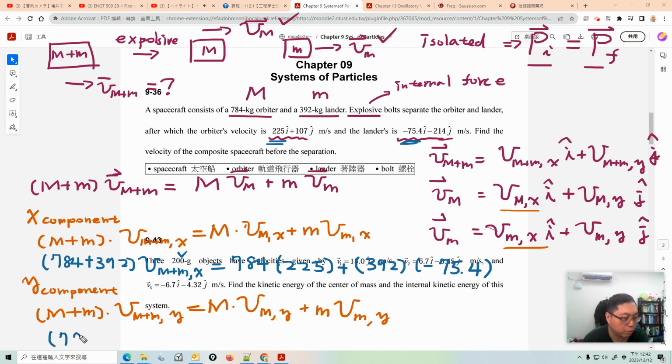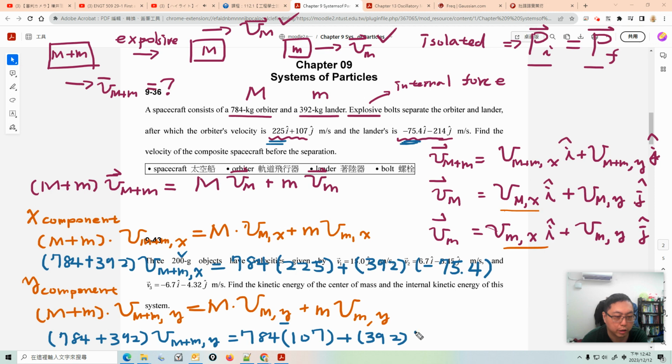So the same thing, we do the y component: 392 plus 784 times v_(M plus m)y equals the sum after. What's the y component of the orbiter after the explosion? It's 107, and the orbiter 392.